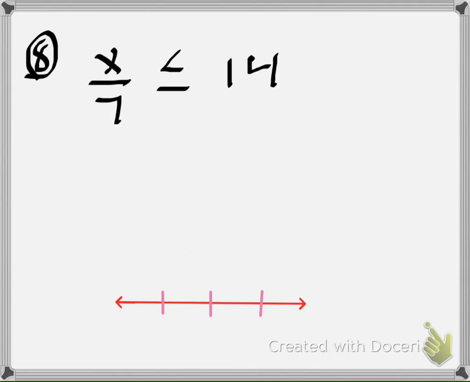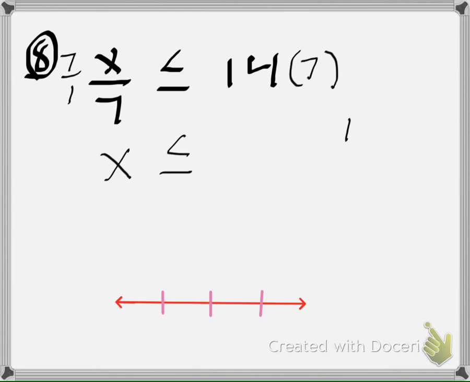Last problem. Again, shut the video off, do the problem, turn it back on to check yourself when you're done. Okay, so what is the reciprocal of 1/7? It is 7 over 1, so we multiply by 7 on both sides. Any fraction times its reciprocal is 1, and 1 times x is x.